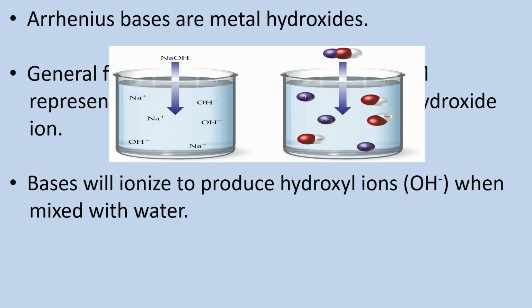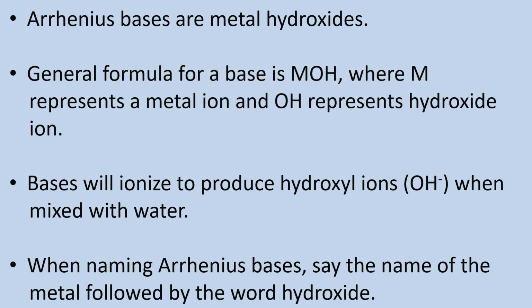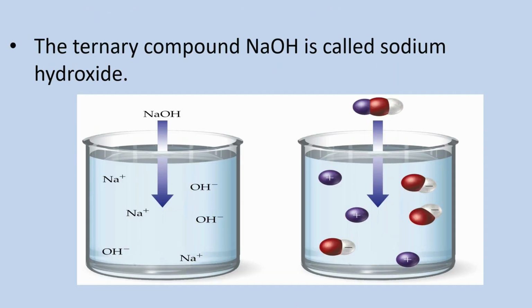Bases will ionize to produce hydroxyl ions when mixed with water. When naming Arrhenius bases, say the name of the metal followed by the word hydroxide. So the ternary compound NaOH is called sodium hydroxide.